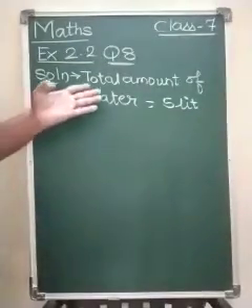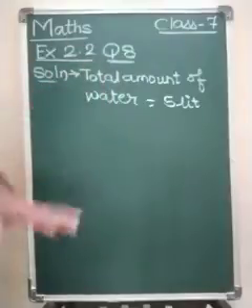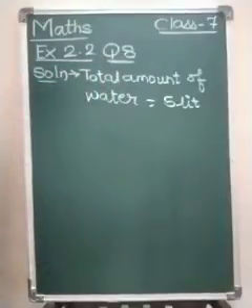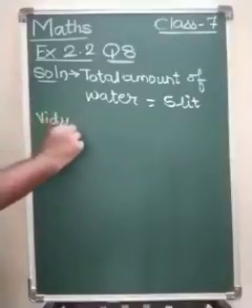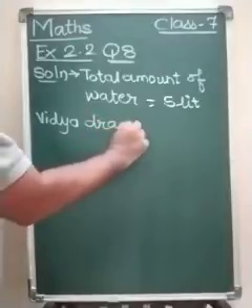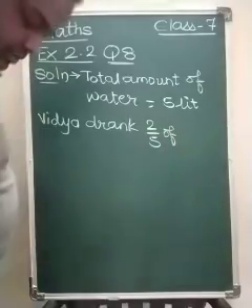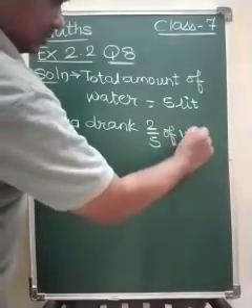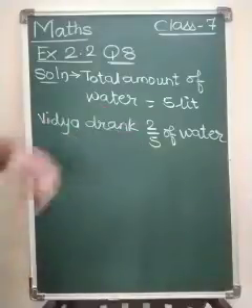So total amount of water with Vidya and Pratap is 5 liters. No need to mention that here, it is in the question only. Then Vidya consumed, another information. Vidya consumed means drank 2/5 of water. Vidya drank 2/5 of water.